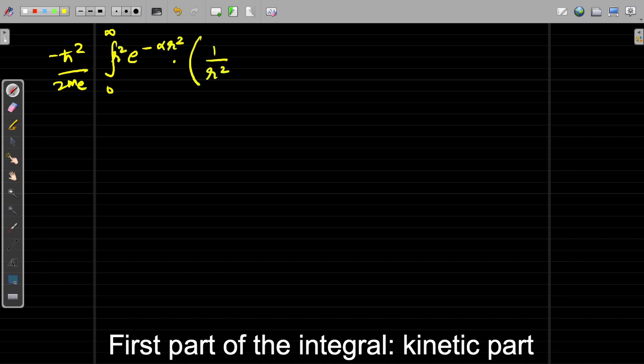You have an r square here which can be cancelled now, dou by dou r square, dou by dou r of the function e power minus alpha r square. Yeah.